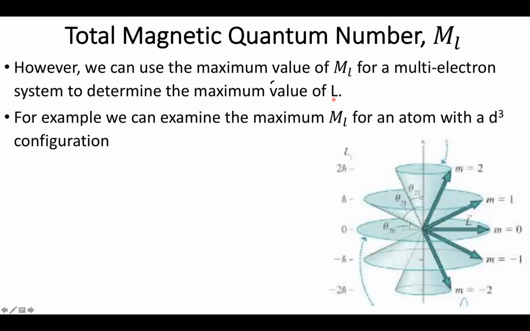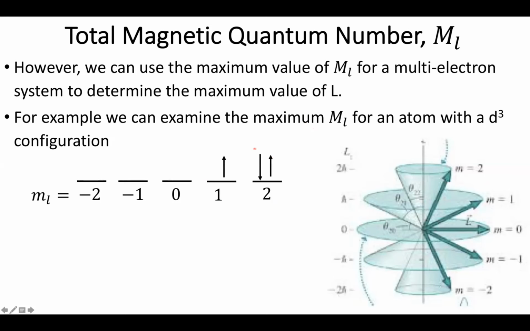And let's look at this for the specific case of 3 electrons in a d orbital. So I want to figure out what's the maximum value of my total magnetic quantum number I can get. We can do this by taking my orbital diagram and filling as many electrons in this positive region as possible.